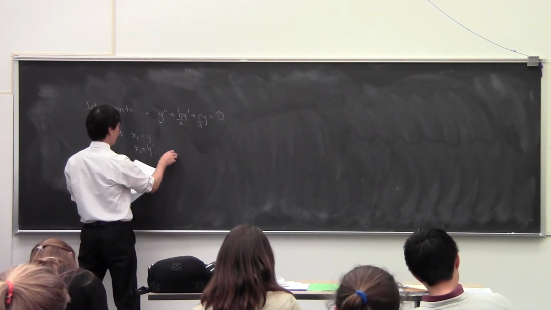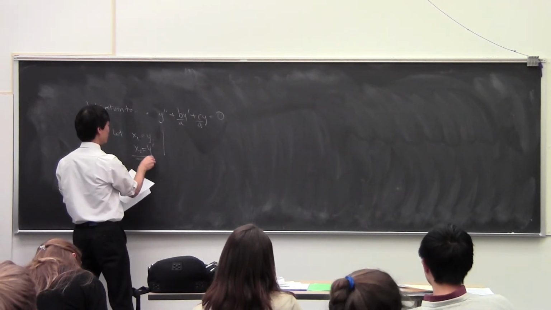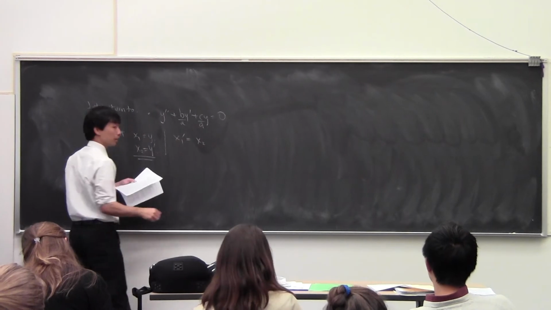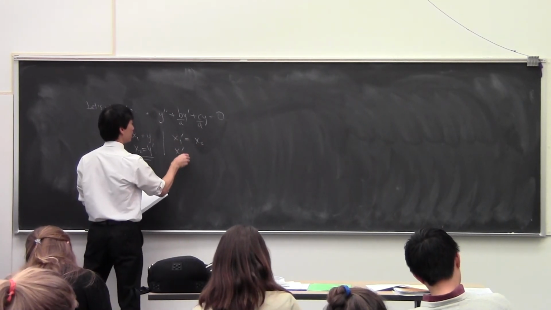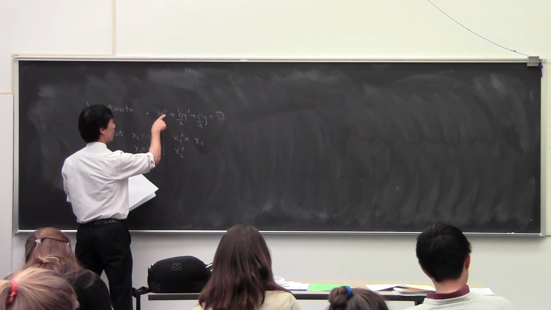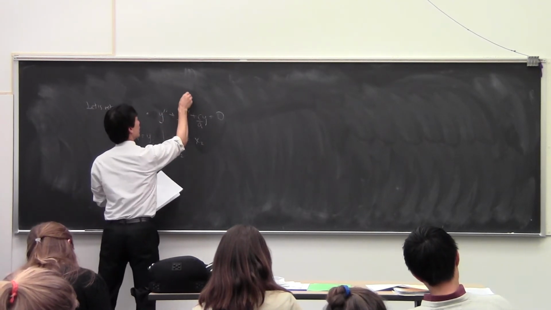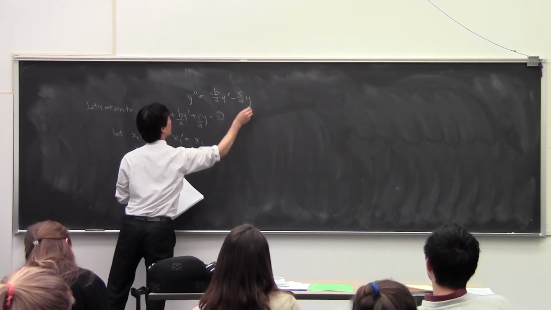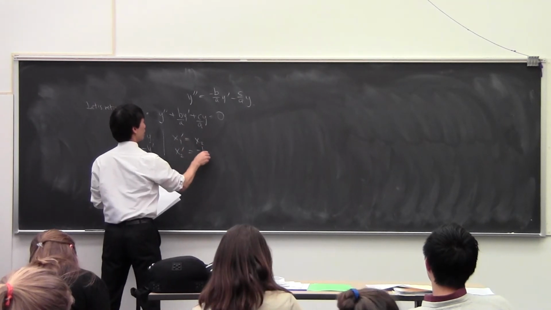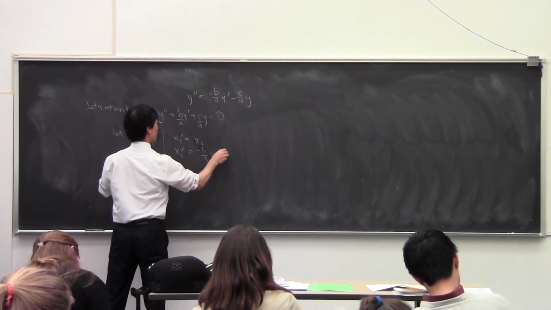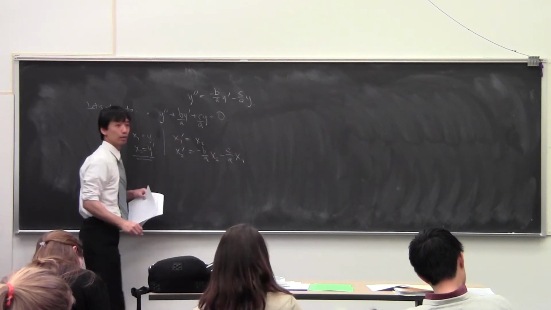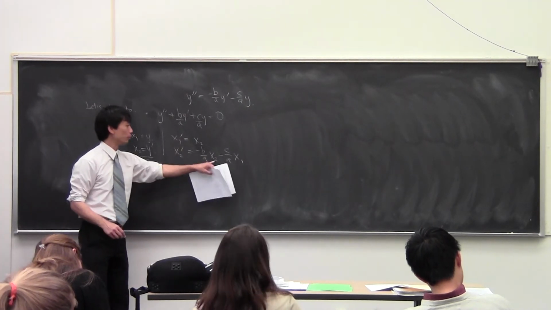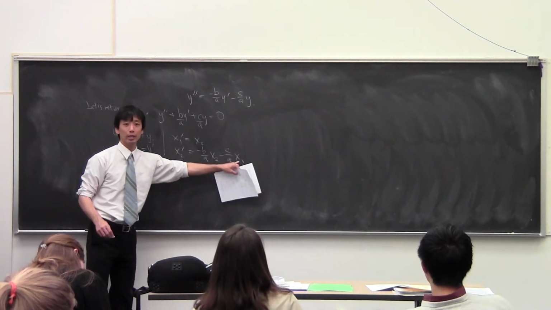What's the relation between x1 and x2? x1 prime is x2. x2 prime is y double prime, and y double prime is negative b over a y prime minus c over a y, because y prime is x2 and y is x1.